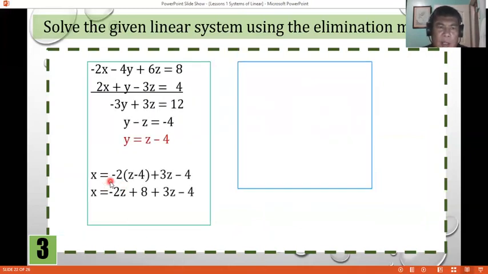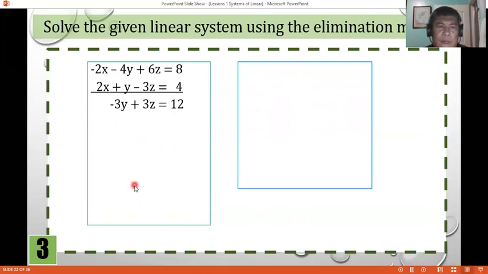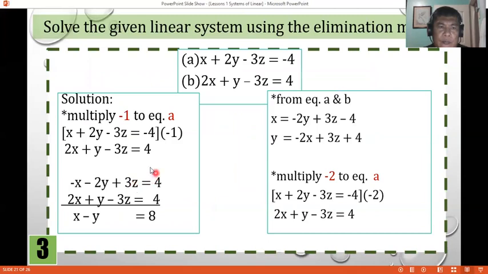So, x equals negative 2 times y, ito yung value ng y, plus 3z plus 4. X equals negative 2z plus 8, kasi negative times negative, plus 3z equals to 4. Saang equation galing ito? This one. This one.